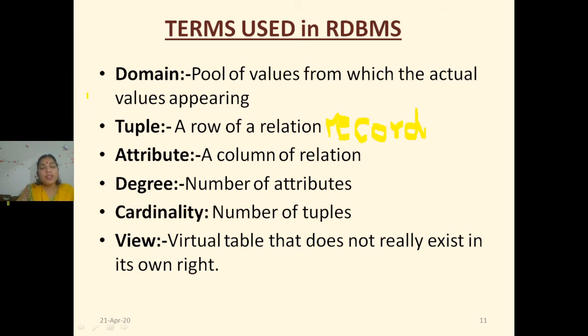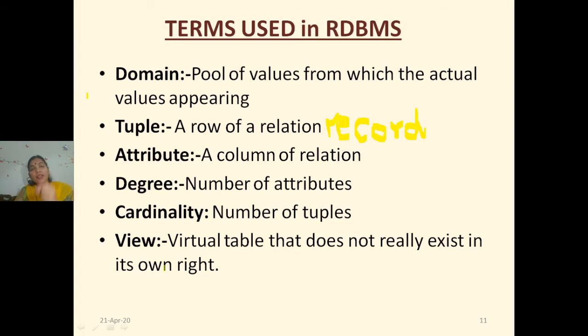Now what is degree? Total number of attributes appearing in any table. Cardinality, total number of tuples appearing in any table. Then view, a virtual table that actually does not exist, but it takes its values from some other underlying tables.